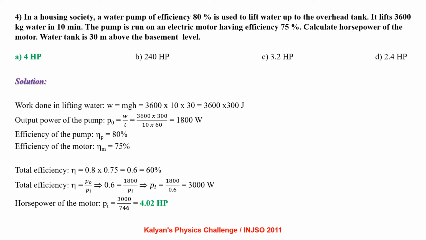So the overall efficiency is 0.8 into 0.75, which comes out to be 60%. The overall efficiency eta = P0 by P in, that is 0.6 = 1800 by P in. So from there we get P in = 3000 watt. Now the horsepower of the motor is 3000 by 746, that is 4.02 horsepower. Here we have used 1 horsepower = 746 watt.